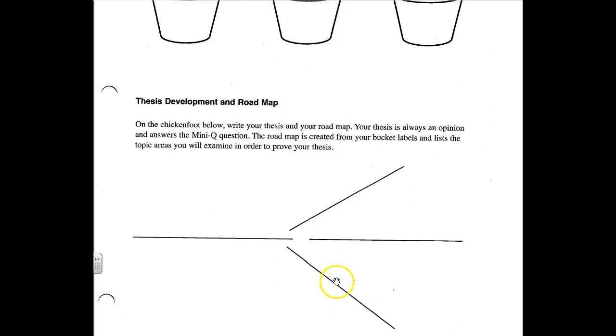And I'm going to leave that up to you as you write your essay. But for our thesis statement, everybody's thesis statement needs to be: the Battle of Gettysburg was a turning point of the Civil War for 3 reasons. And your chicken feet are going to include those 3 reasons why it was a turning point.